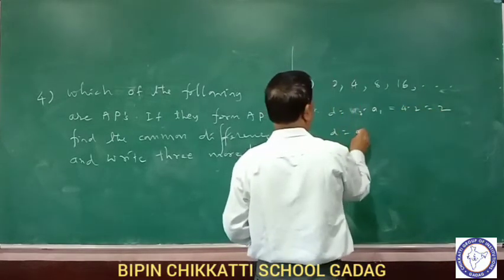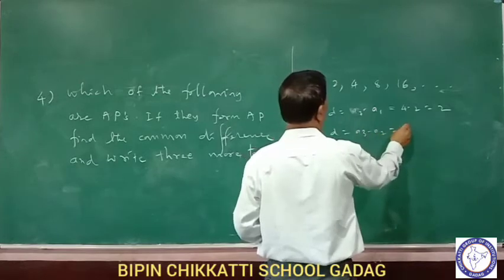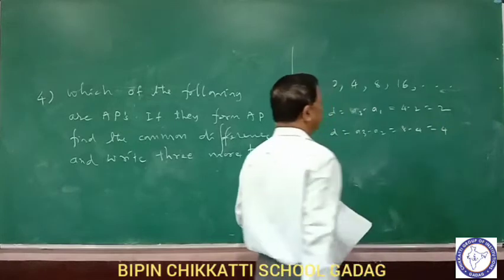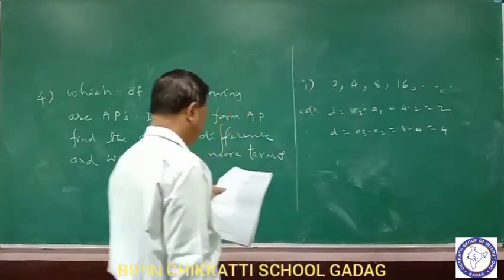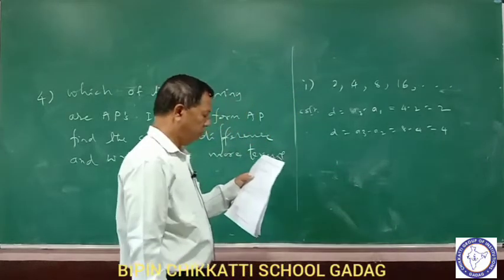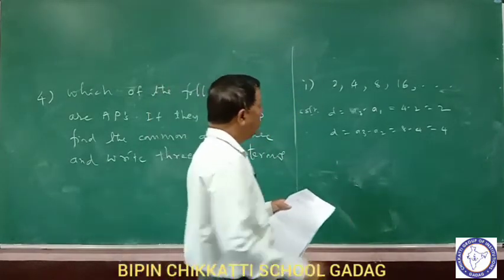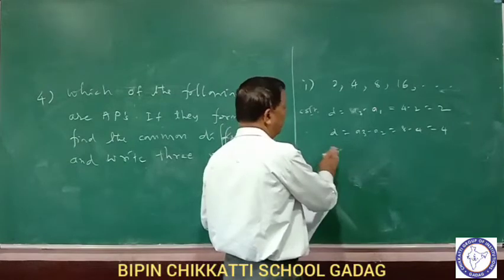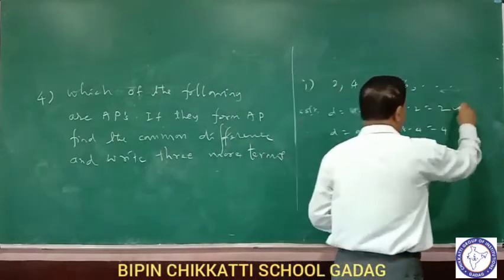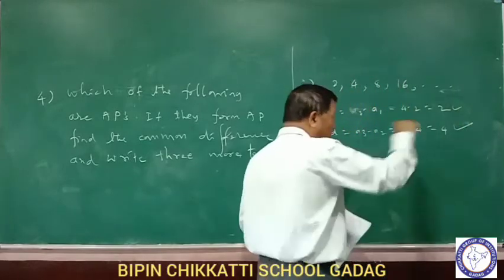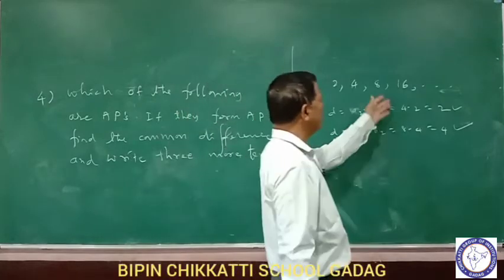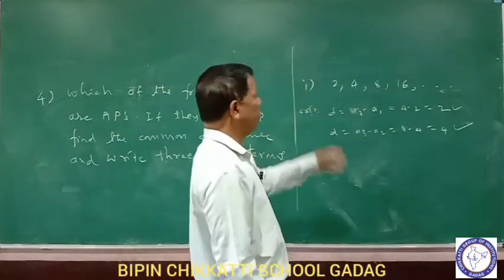And D equal to A3 minus A2, 8 minus 4, is how much? This is 4. But don't go again for A4 minus A3. If it is common, you have to go. If not common, you need not go, because already understood that the common difference is not the same. So this is not an AP.